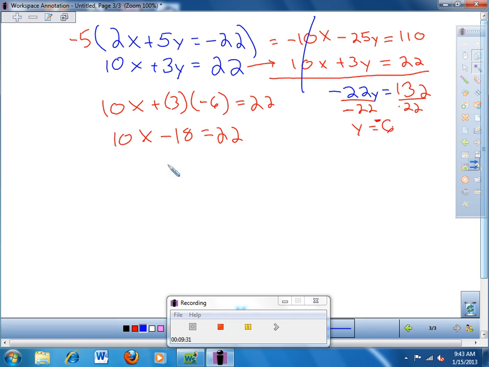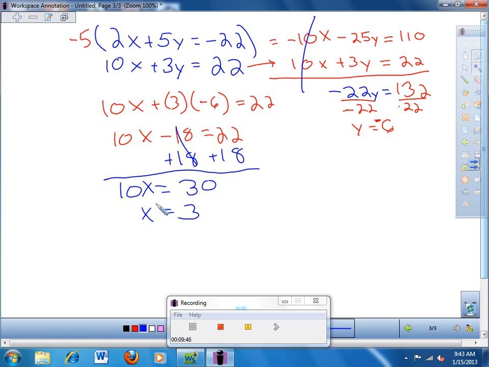I add 18 to both sides and I get 10x equals 30. Whoops, I forgot my x. So x equals 3 by dividing by 10 on both sides. So my ordered pair is 3, negative 6. I'm not going to do it, but if I plug those numbers into this equation, it would show that those are both true.